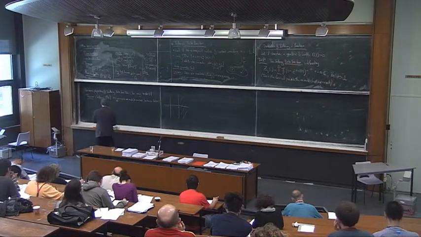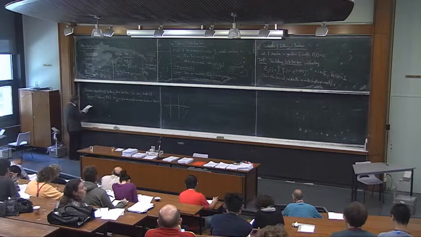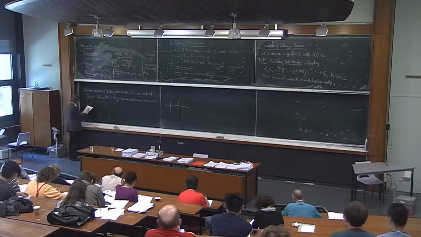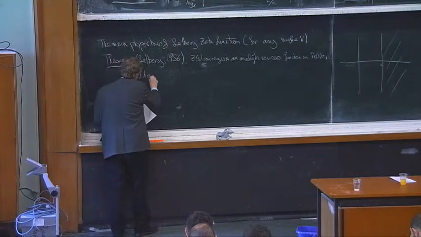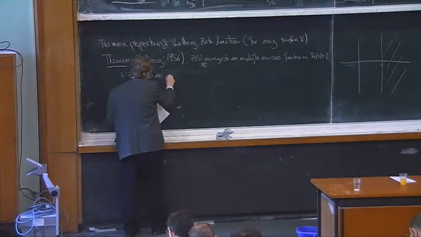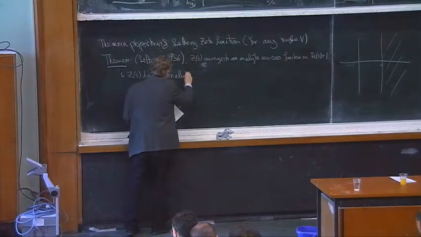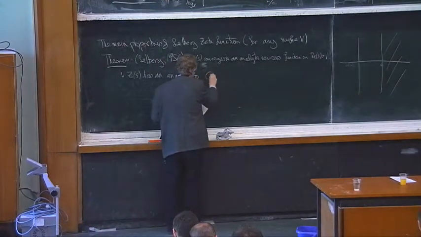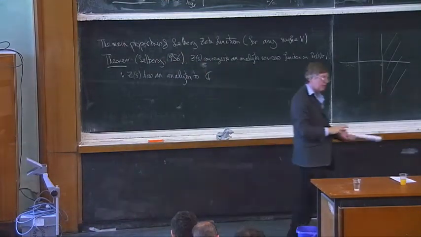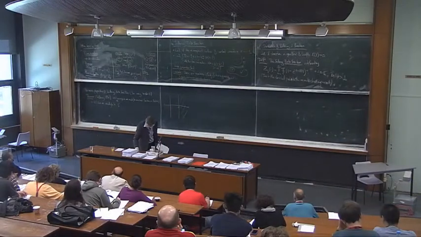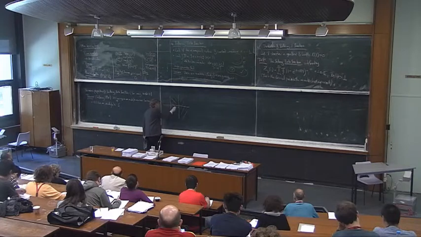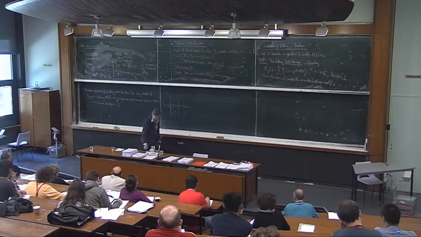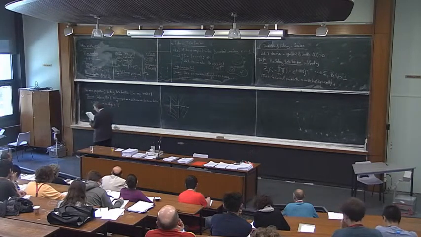And then more ingredients are that, one, it has an analytic extension to C. It's an entire function. You can extend it to the entire complex plane in much the same way as you could the Riemann zeta function, modulo what happens at s equals 1.